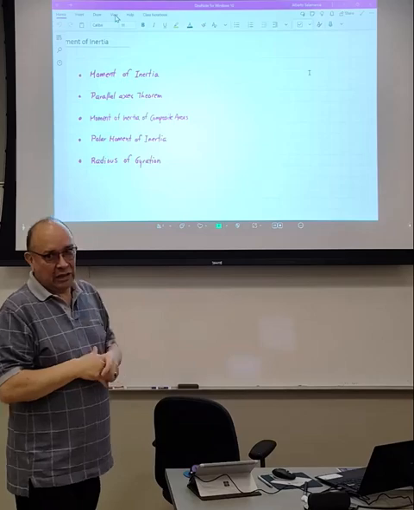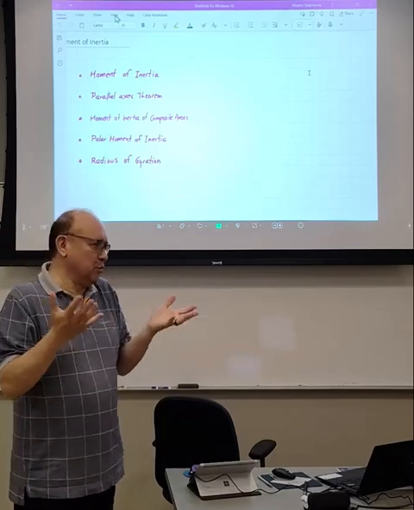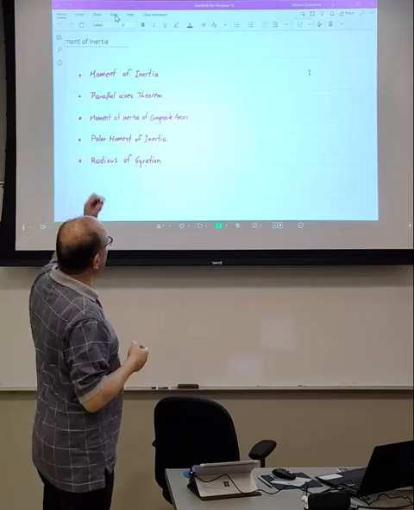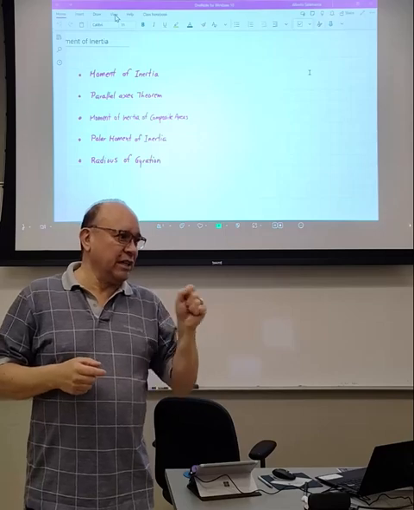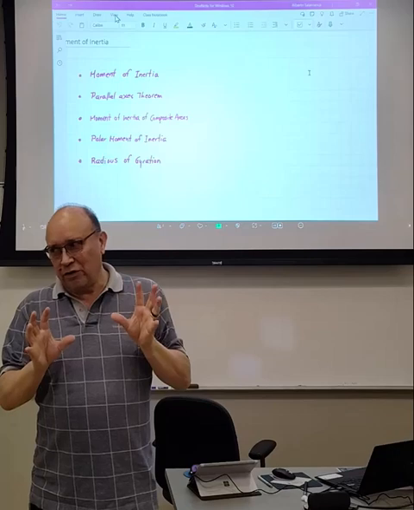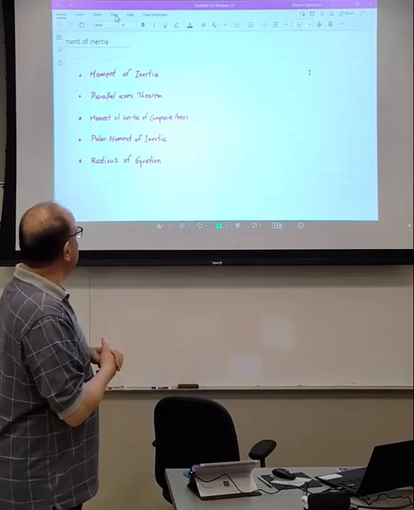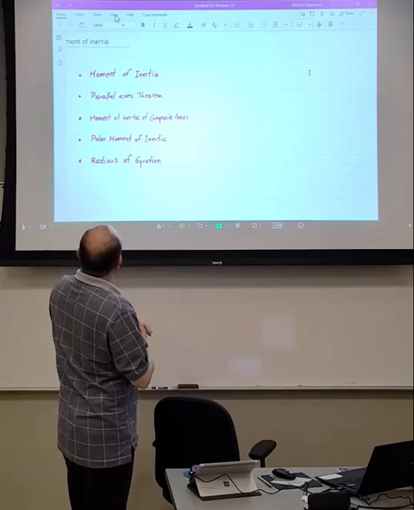axis theorem that allows us to calculate moments of inertia of more complicated figures. We will learn here how to calculate moments of inertia by integration of very simple figures, but for more elaborated figures we need the parallel axis theorem, for moment of inertia of composite areas.